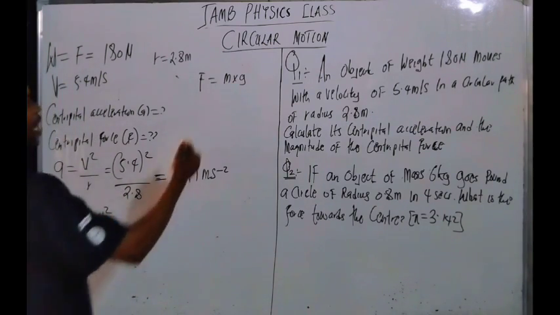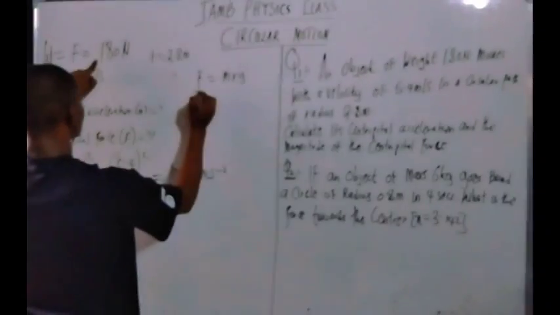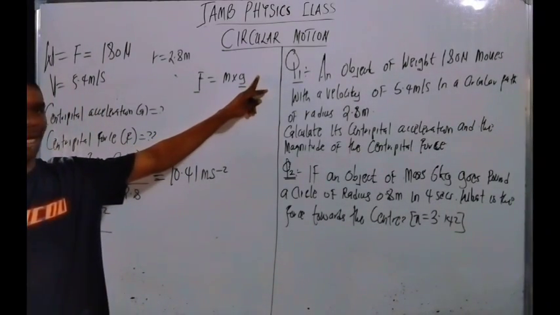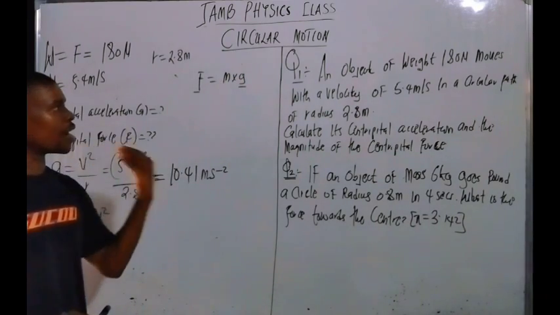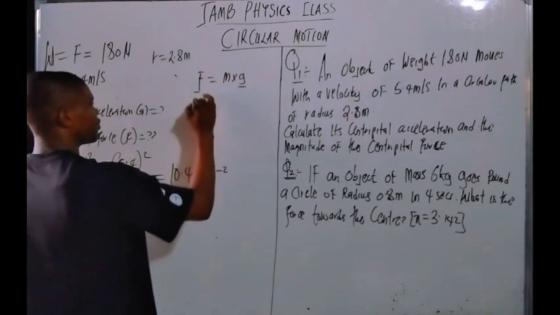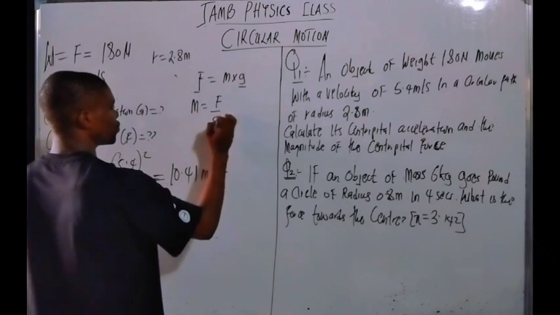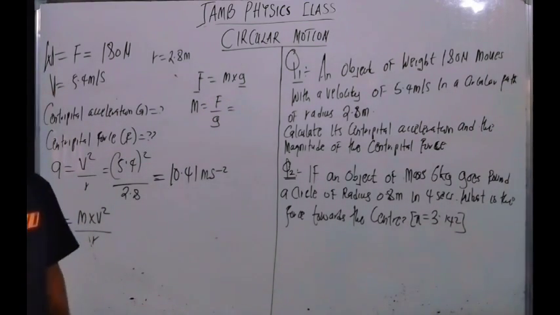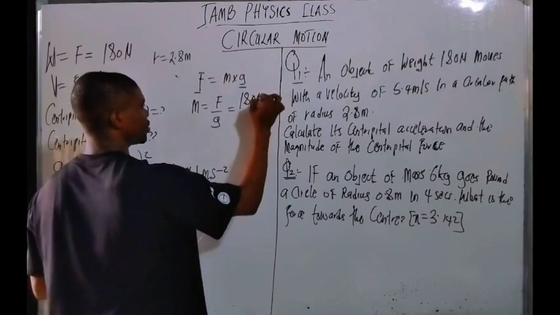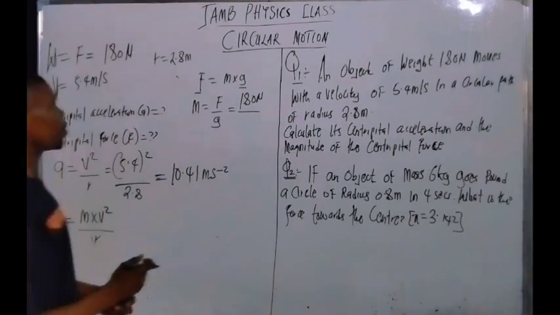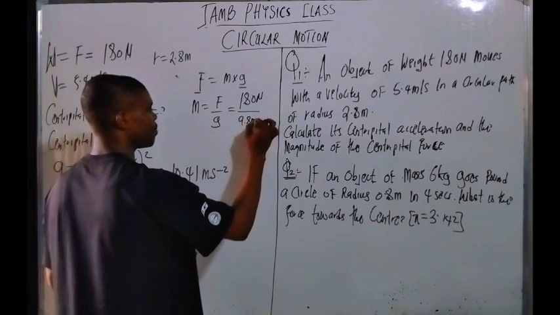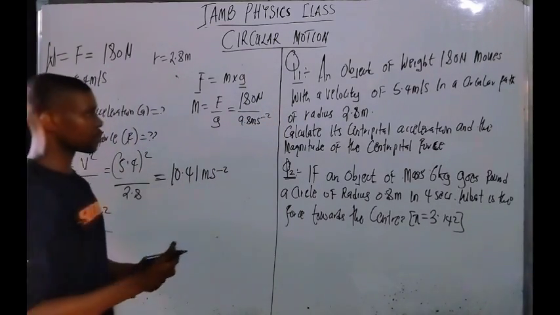So from this force and this acceleration due to gravity, if I make m the subject of the formula, I'm going to have m equals F over g. Can you see that? My F is 180 Newton over my g, which is 9.8 meter per second squared, right?